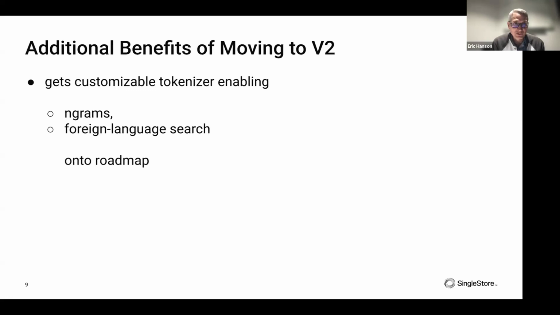That's going to allow us to do a few things, like a popular kind of search called n-grams. And we support English search today, but we want to enable foreign language search. There's a suite of tokenizers for Java Lucene for all the major foreign languages. So we'll be able to introduce foreign language search in the future. These things are now on our roadmap in the not too distant future.